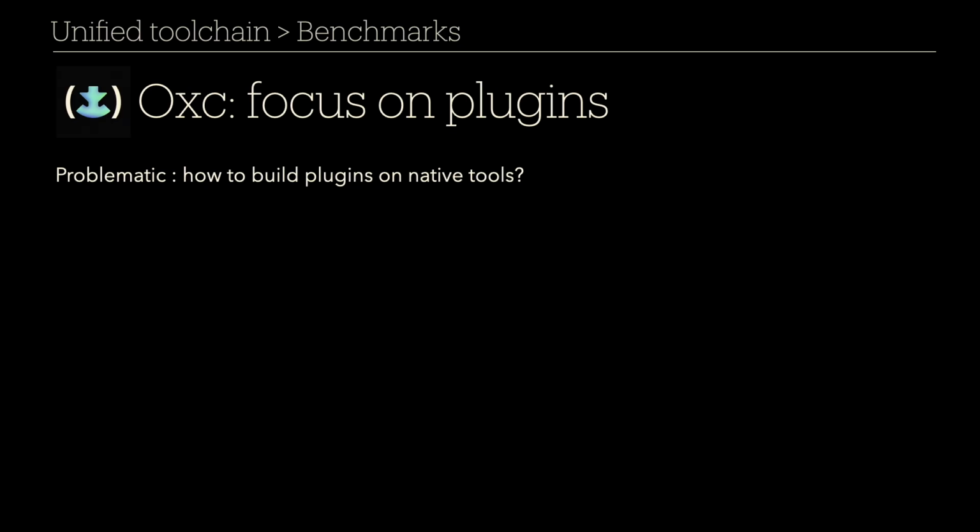So a question: how do we build JavaScript plugins on native tools, tools which are written in Go, in Rust, and so on? That may be complicated, right? Because we have to build a bridge between two different languages. So first option, we just write all the plugins in the native language, which makes sense, right?